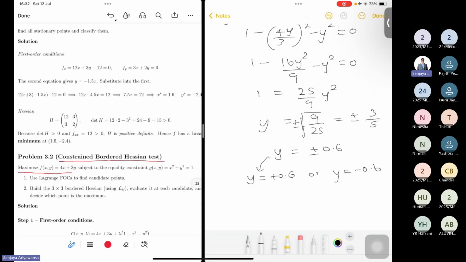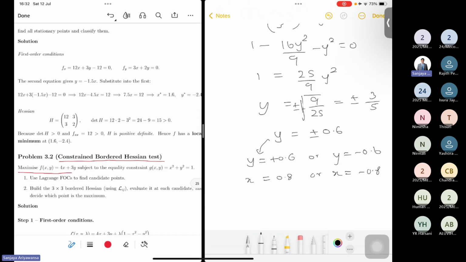If y is plus 0.6, x would be plus 0.8, or if y is minus 0.6, x would be minus 0.8. And for these values, if x is plus 0.8 and y is plus 0.6, you get lambda as plus 2.5.